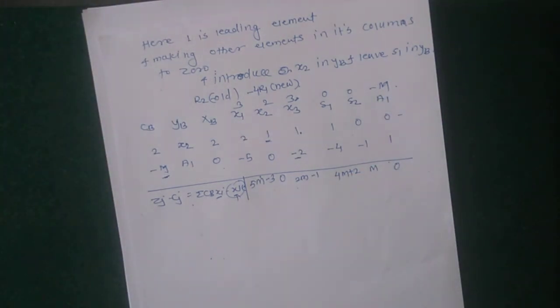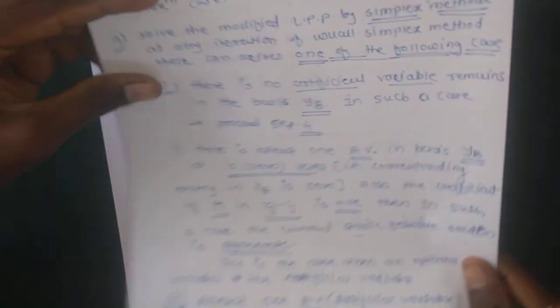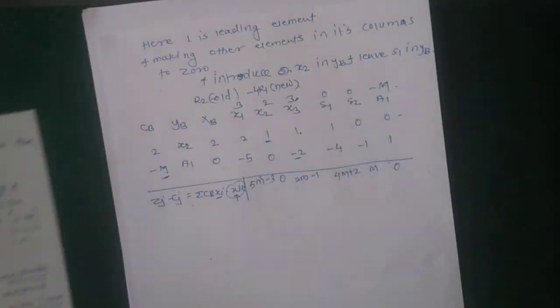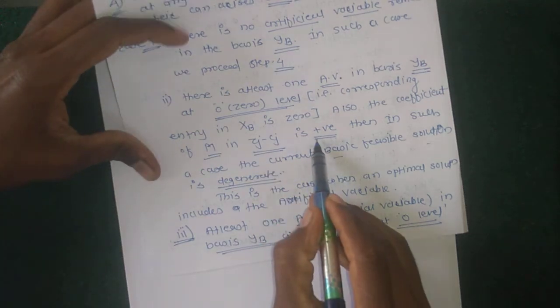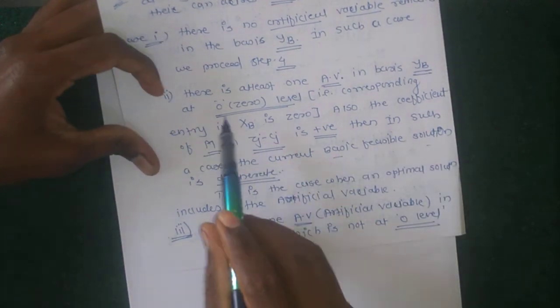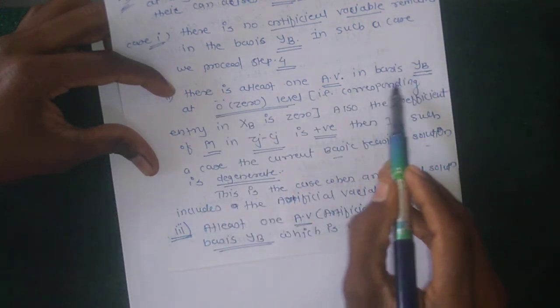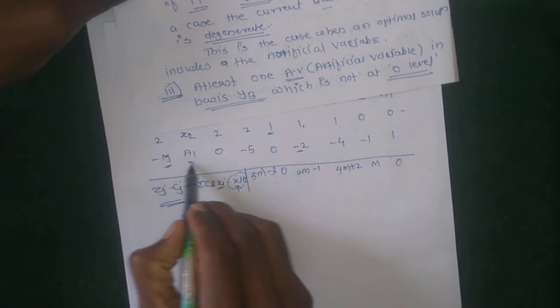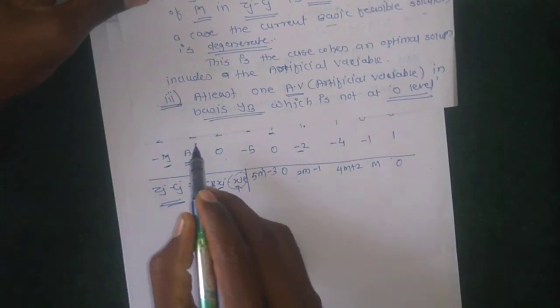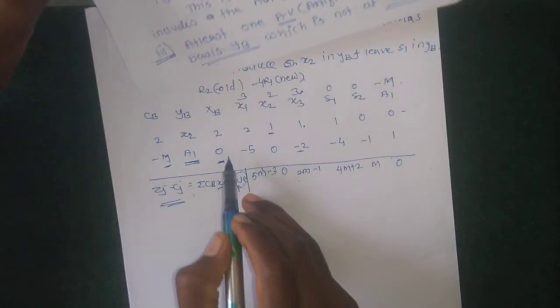So here the condition is that all Zj minus Cj are positive. Then the second condition: there is at least one artificial variable in yb at 0 level. Here a1 remains as an artificial variable with cost 0 in the corresponding xb column.